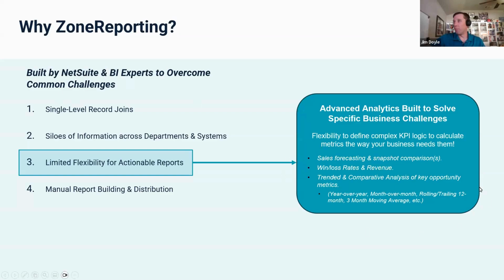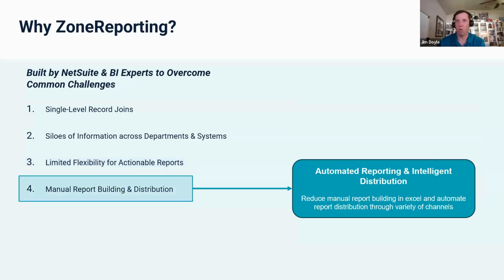We also have time intelligence built out so you can look at your key opportunity metrics year over year, month over month. You're able to now analyze everything on a trended and comparative basis instead of just looking at current metrics, right? And then manual report building and distribution. Most NetSuite clients are doing a degree of Excel gymnastics, right?